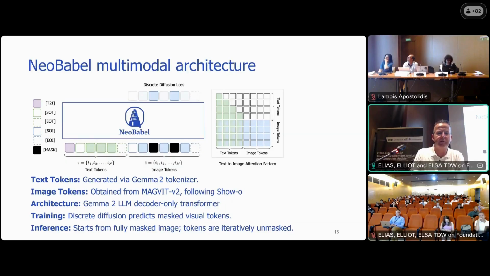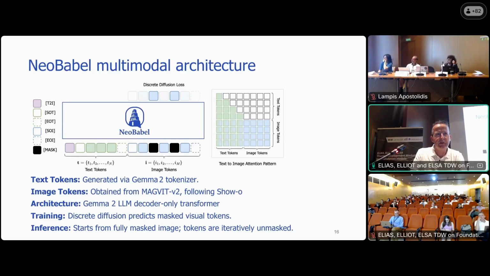What we do is we first tokenize the text, and for this we use the Gemma2 tokenizer. Then for the image tokens, we use the MAGVIT-v2 quantizer. This was also used by the Show-o paper I mentioned earlier.